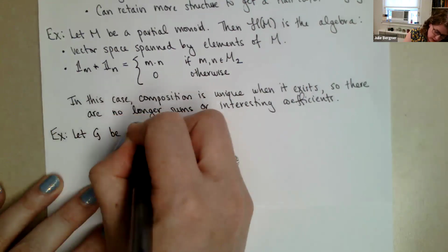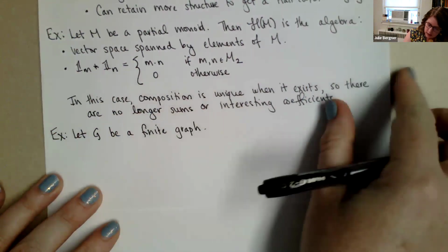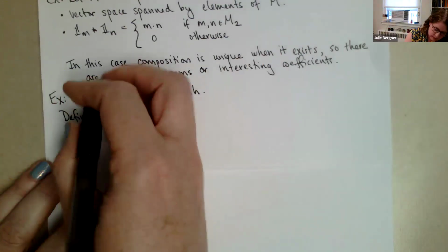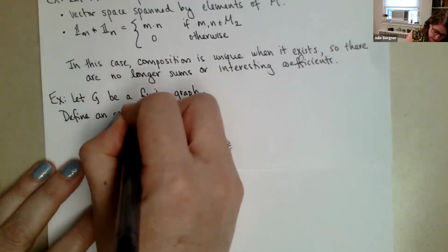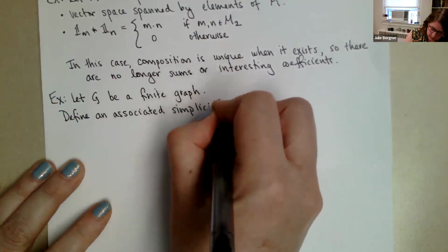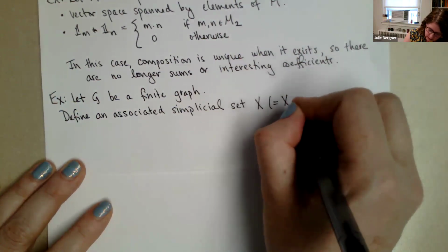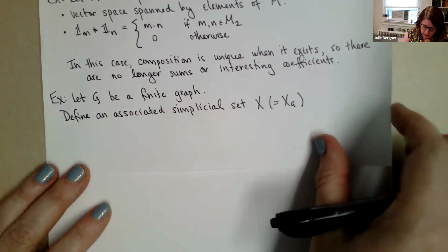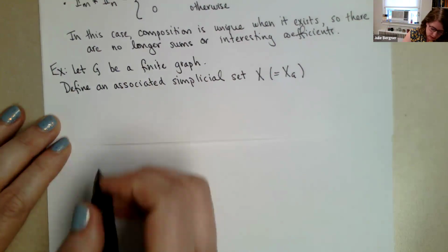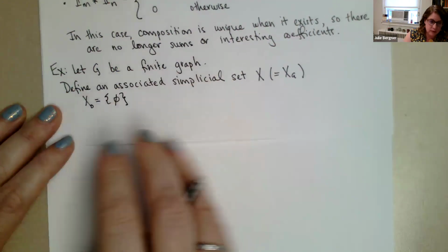So let G be a finite graph. I claim that you can define an associated simplicial set. The claim is this is eventually going to be 2-Segal. I will decorate this with a G when I want to emphasize the graph, but mostly I'll just call it X here. So X0 is always just going to be a singleton that I'm going to denote by the empty set.